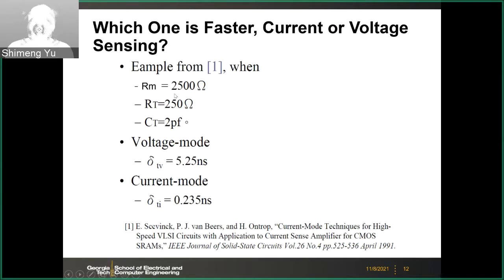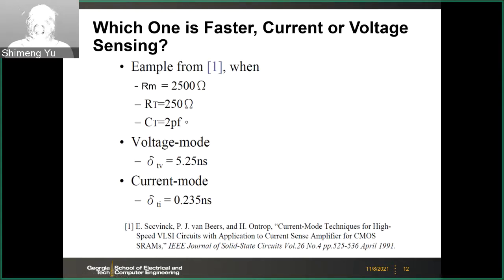In this case, the memory cell resistance is 2,500 ohm, the total wire resistance is 250 ohm, and the total capacitance is 2 picofarad. As I said, this is an old paper, so the capacitance value is pretty large for the wires.